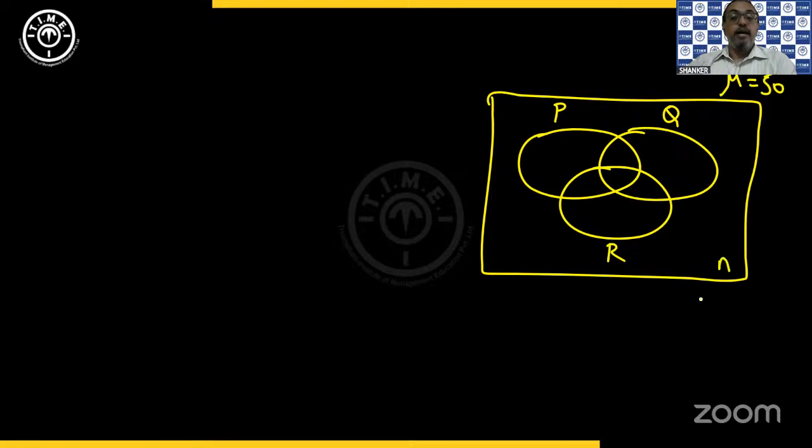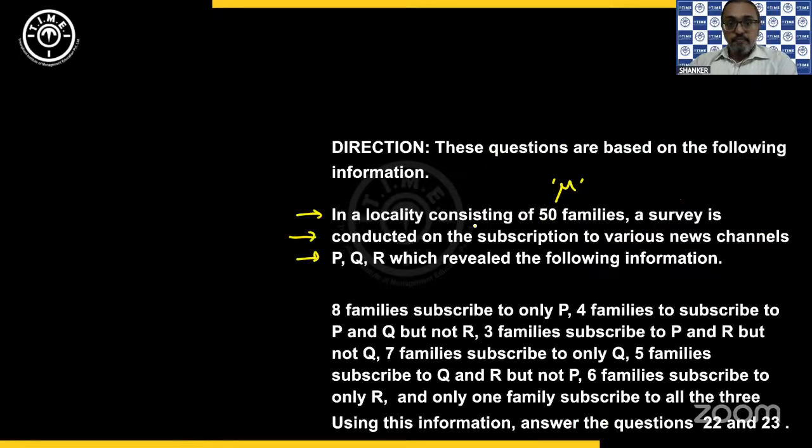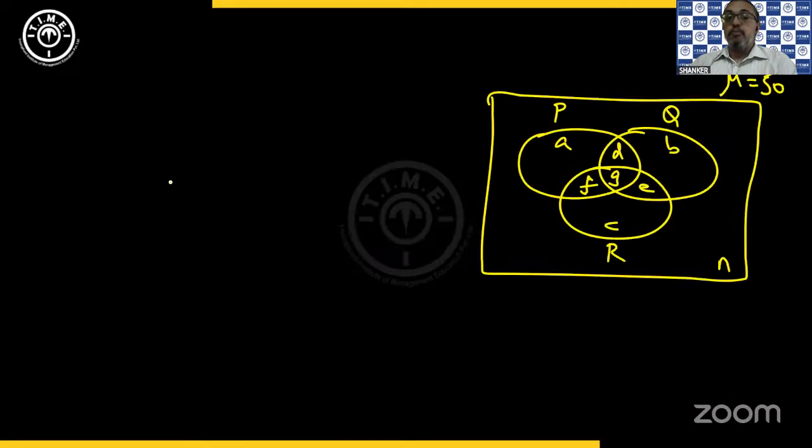Correct? We need the N value. And all these regions are your A, B, C, D, E, F, G. Now we need to know what these values are. So here, 8 families subscribe to only P. See, only P is small a.